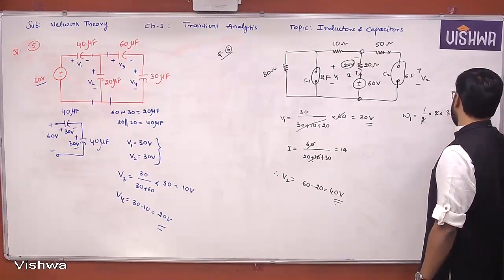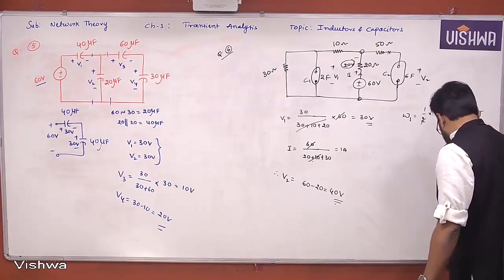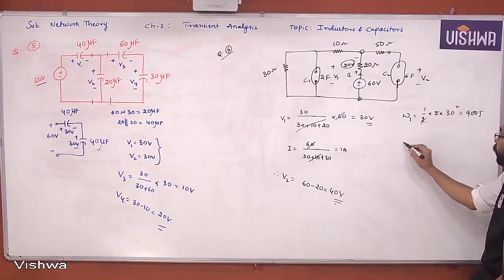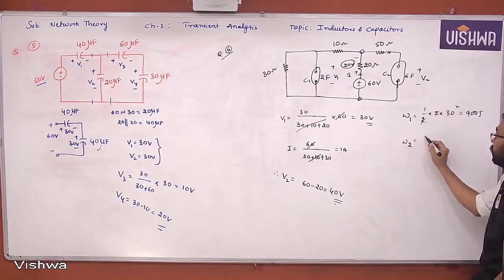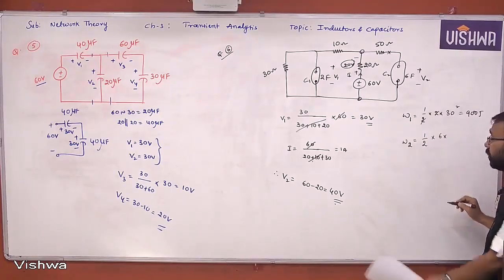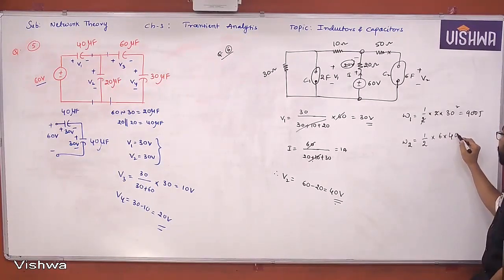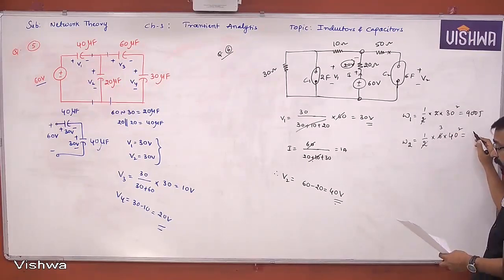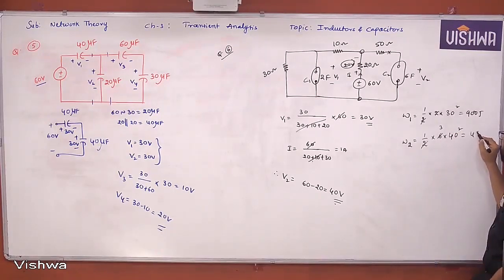So this is 900 joules. Okay. Let me take W2, half C2, how much? 6 farad into V2, how much? 40 square. 3 into 1600, so you got 4800 joule, nothing but 4.8 kilojoule.